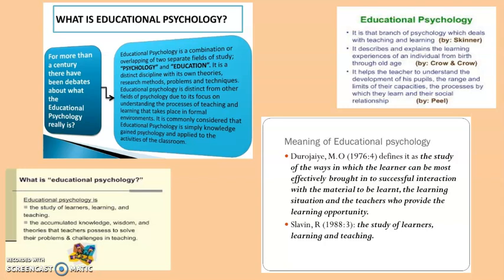As you progress through the module, you will start to develop a definition that is very different to what you had originally. So remember right now what you think educational psychology is, and at the end of this module, look back on what your definition was and see how much it has changed, if at all. This will show you how you've progressed, what you've learned, and how your learning has developed.